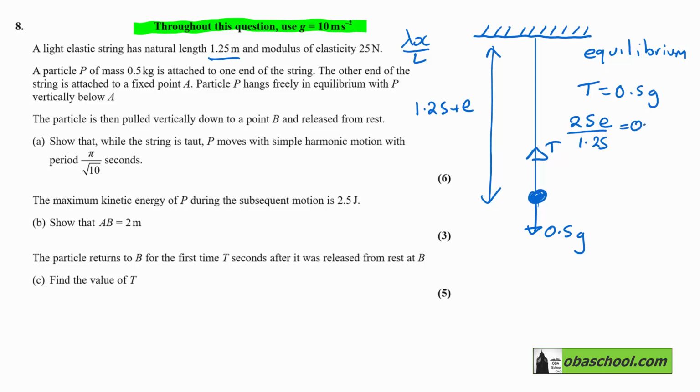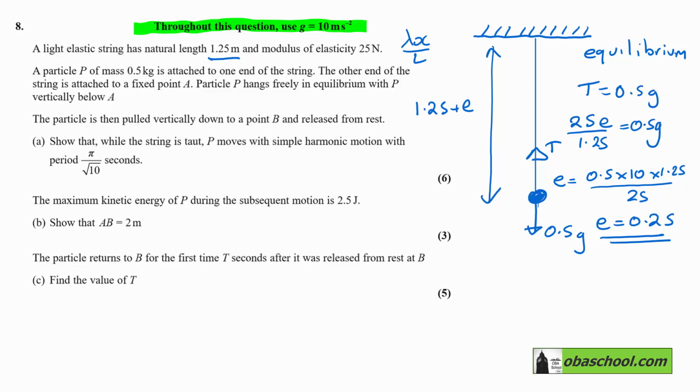That's going to be equal to 0.5 g, and that gives us the extension is 0.5 times 10, remember in this question, times 1.25 divided by 25, giving us that E is 0.25.